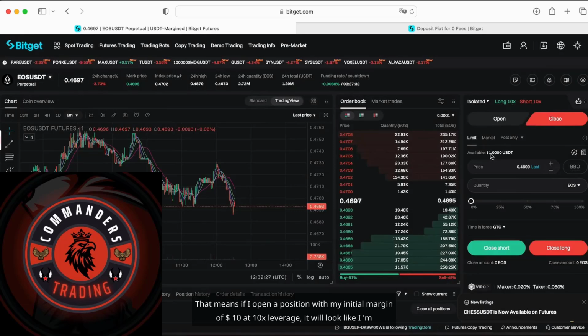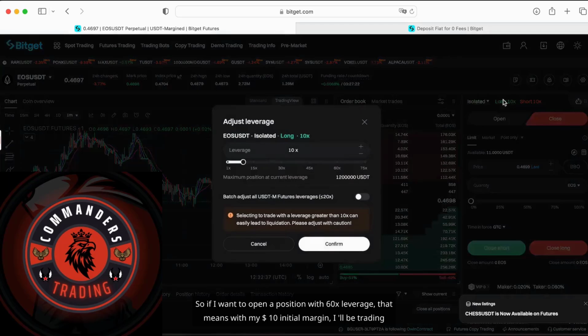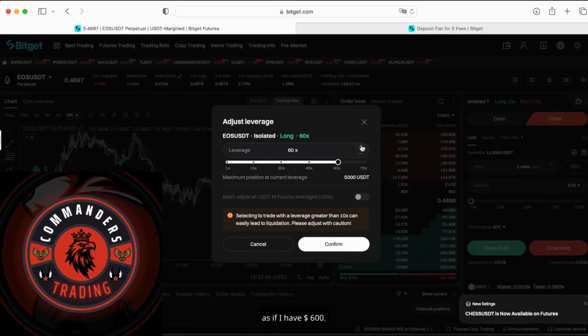That means if I open a position with my initial margin of $10 at 10x leverage, it will look like I'm trading with $100. So if I want to open a position with 60x leverage, that means with my $10 initial margin, I'll be trading as if I have $600. But be careful, because the higher the leverage, the greater the risk.